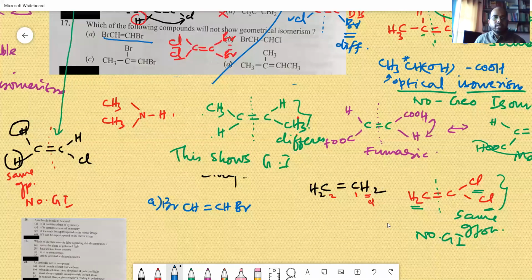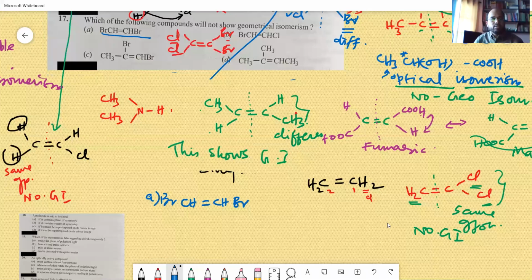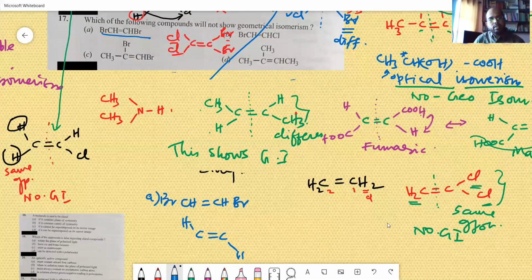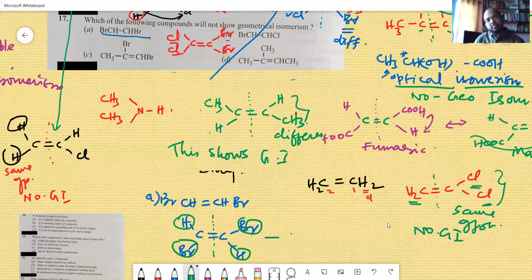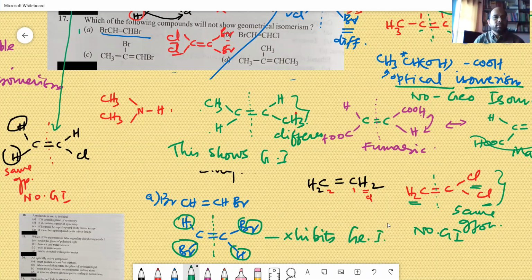It is to be written as CH double bond CH, Br and Br. Draw a line there. So two different groups here, these two are different, these two are different. So it exhibits geometrical isomerism.